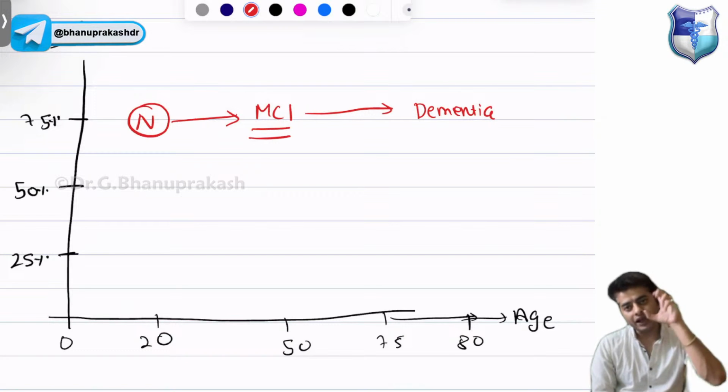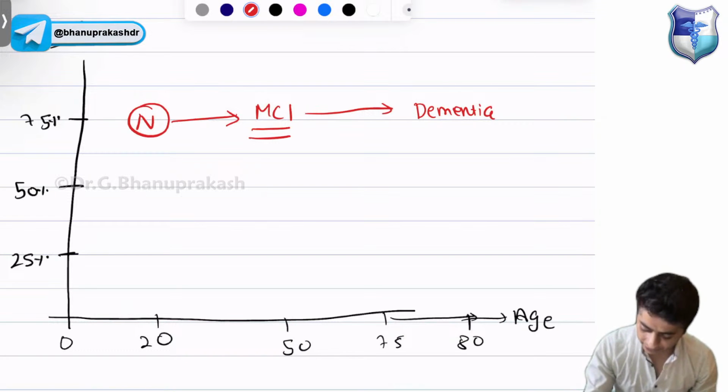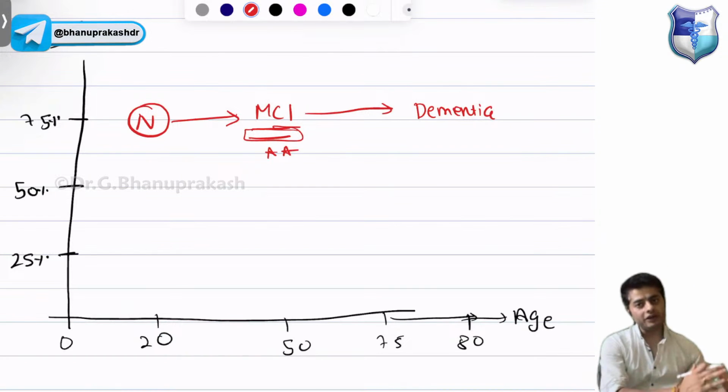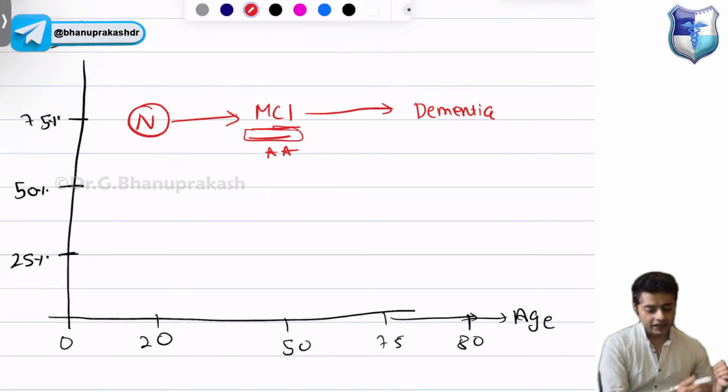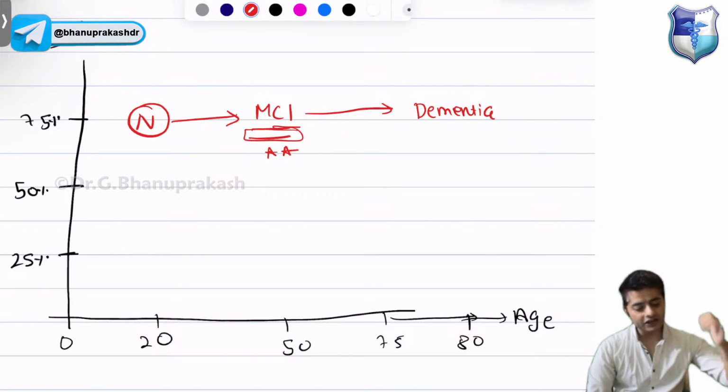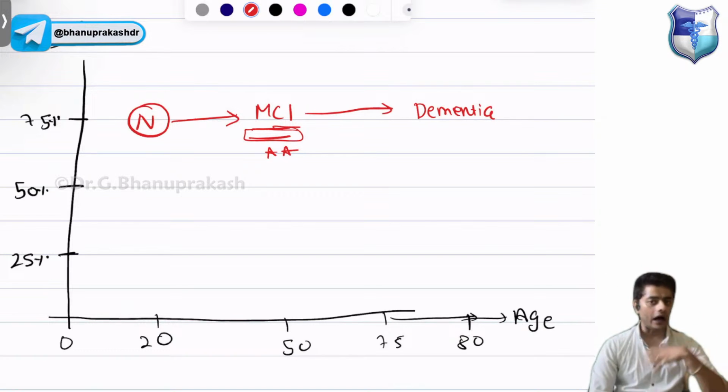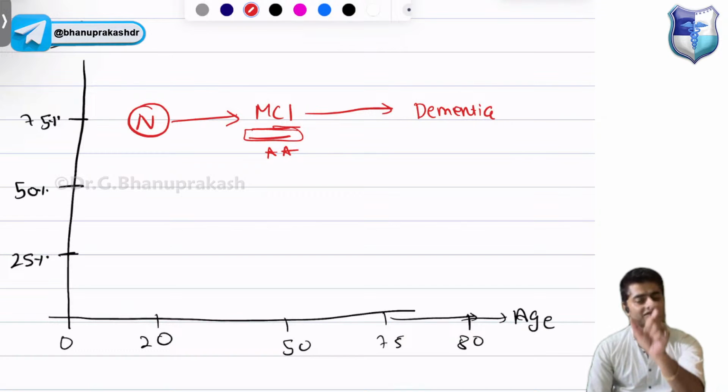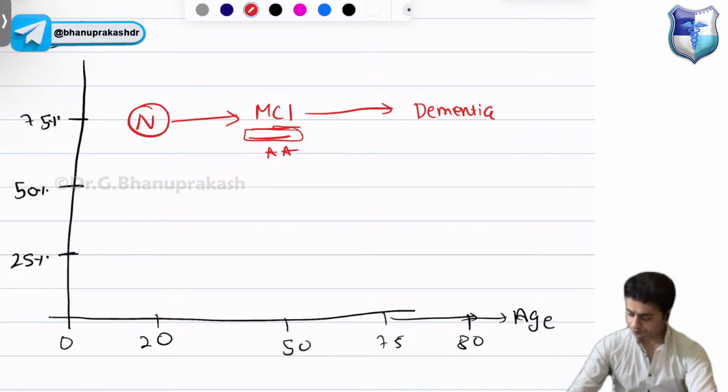So our aim and our target is to catch the patient at this point, MCI.